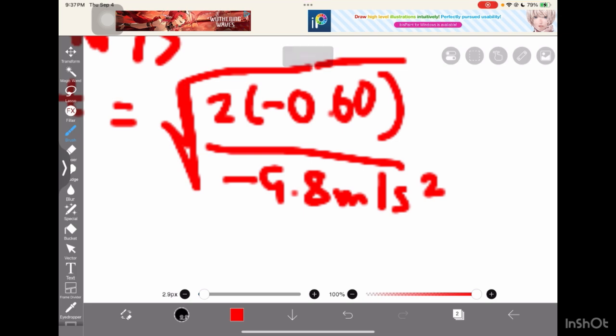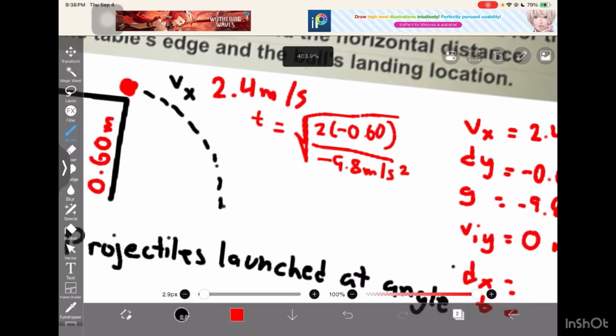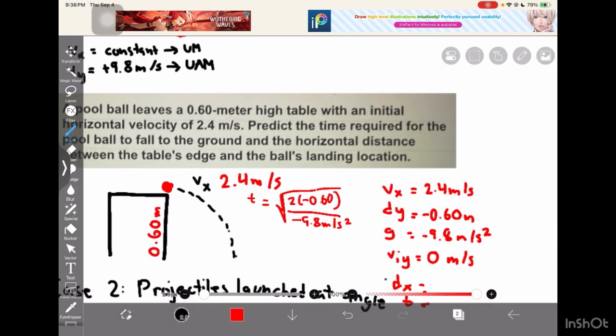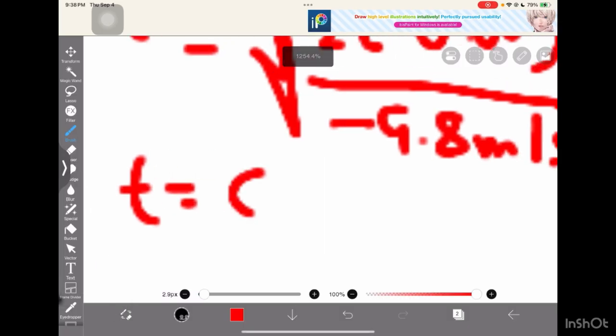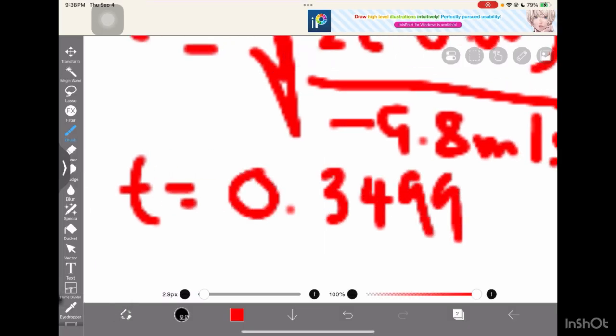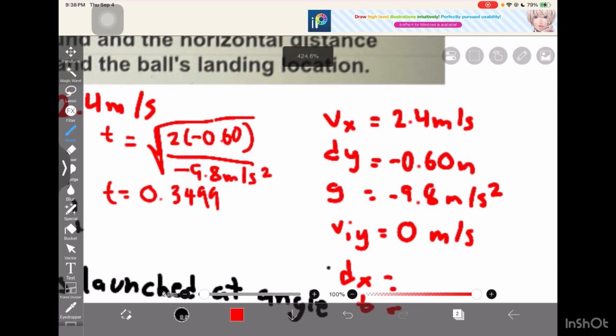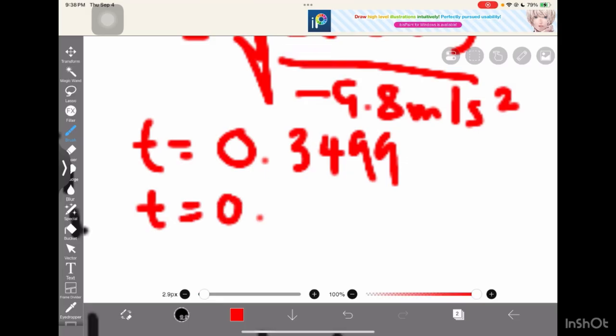Get your calculators: square root of 2 multiplied by negative 0.60 over negative 9.8. So this should be equal to 0.3499, but we go by how many SFs? We go by 2 SFs, so 0.35 seconds.